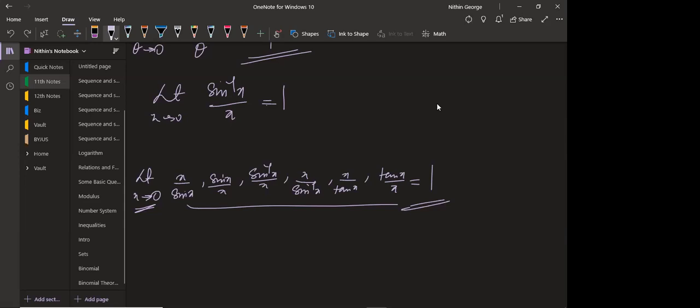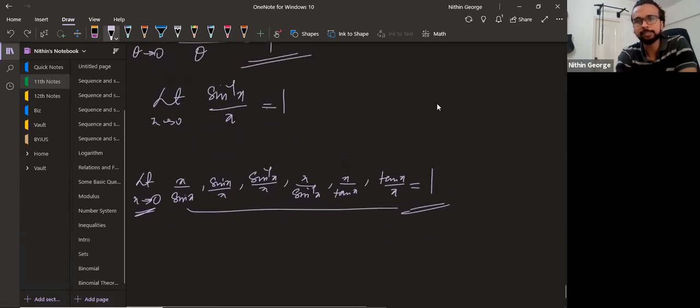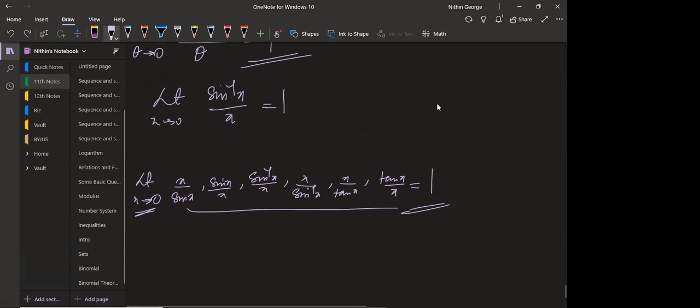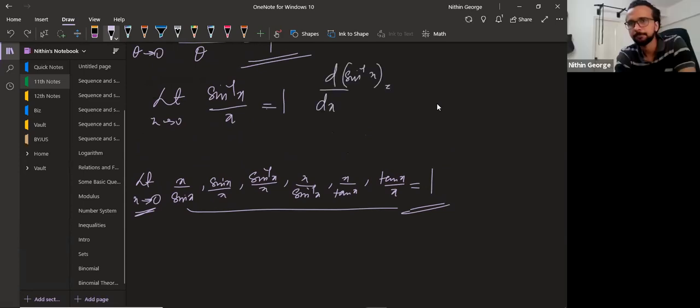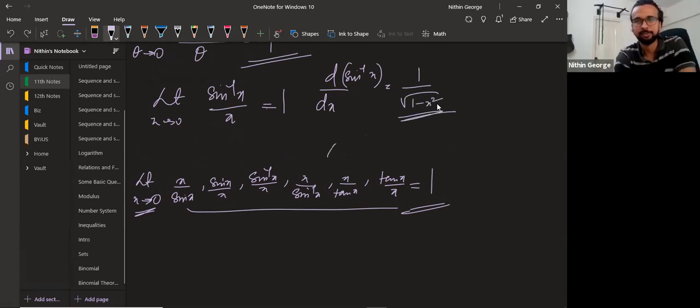Right, so all of you got this? Then what happens if you differentiate sine inverse x? One by root over 1 minus x square. Perfect.